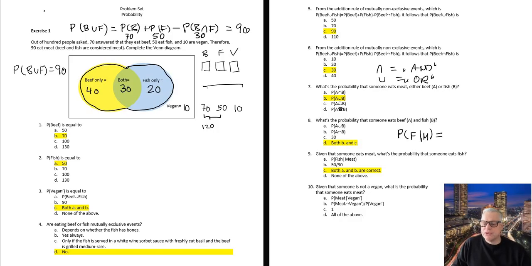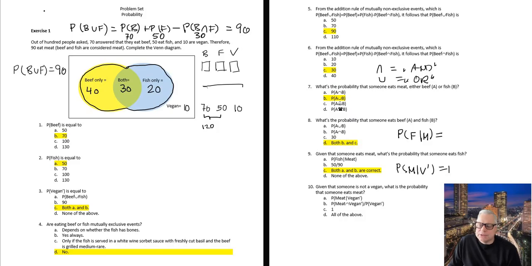So given that someone is not a vegan, what's the probability that someone eats meat? Okay. So given that somebody is not a vegan, well, then they eat meat should be 1. And we can write that as the probability that someone eats meat given that they are not a vegan. And that is 1, right? Because if they're not a vegan, they fall into that bubble. So we can write it as meat given vegan prime.